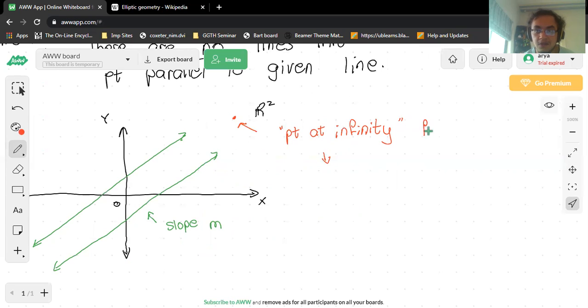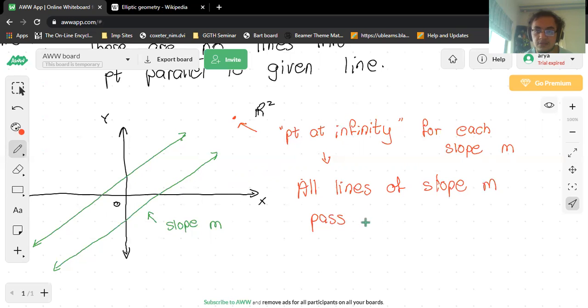We define this to be a point at infinity. For each slope m, we define one point at infinity, very far away, and we define that all lines of slope m pass through this point.